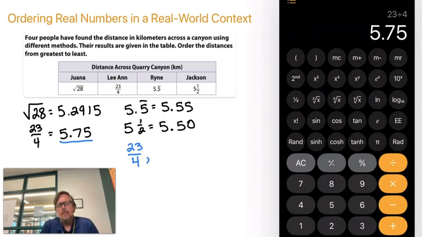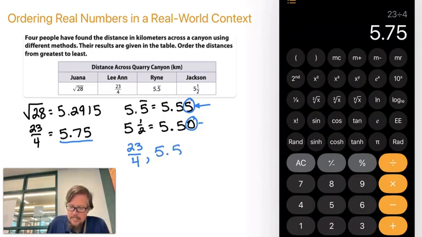Then when we look at our remaining 3 numbers, 2 of them have a 5 in that second spot, and that is the 5.5 repeating and the 5.5. So both of them have the same first 2 digits. They both start off with 5.5, but when we look at the third digit, or the second digit after the decimal, then there's a difference, and we can see that the top one, 5.5 repeating, has a 5 in that spot, whereas 5.5 has a 0. 5, of course, is bigger than 0, so 5.5 repeating is our next largest number, followed, of course, by 5.5.